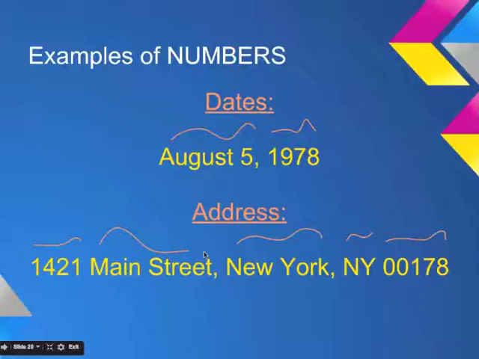So for example, in an address, separating the street number from the actual street name. And then of course the street from the city, from the state, and then finally the state from the zip code. Notice also that we will use "O" instead of "0" when it comes to giving address numbers.